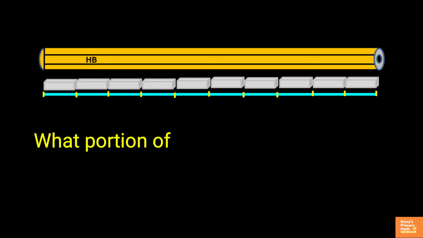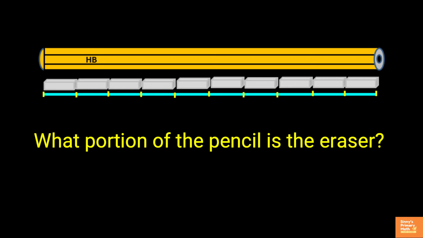Now, what portion of the pencil is the eraser? If 10 erasers are equal to 1 pencil, 1 eraser is equal to how much of the pencil? 1/10. Let me draw a line which is of the same length as the pencil and another small rectangle with the same length as the eraser.